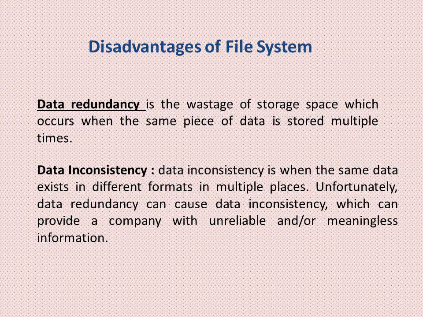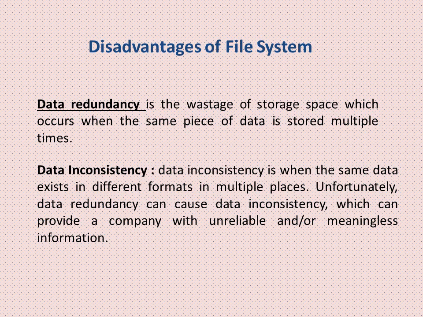Second, data inconsistency. What do we mean by data inconsistency? Data inconsistency is when the same data exists in different formats in multiple places. How does it happen? Let us understand it with a simple example. Suppose we are storing the details of a student at the fee counter of the school and in the register of the class teacher.